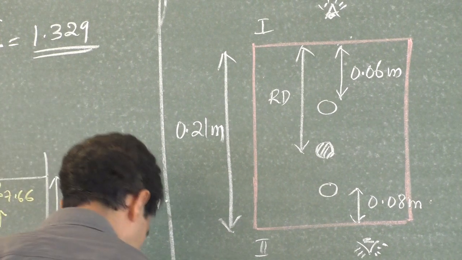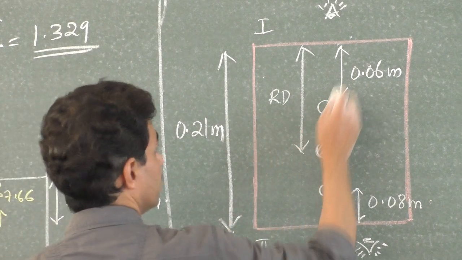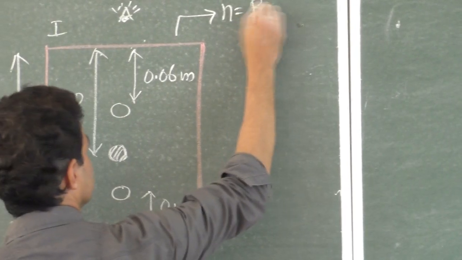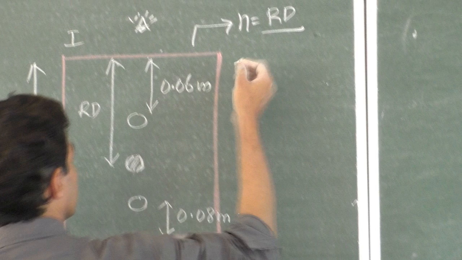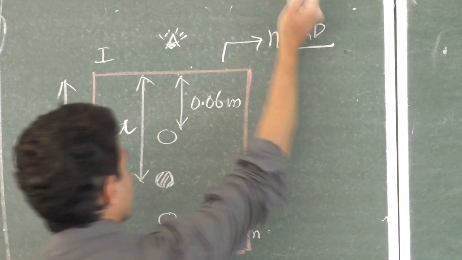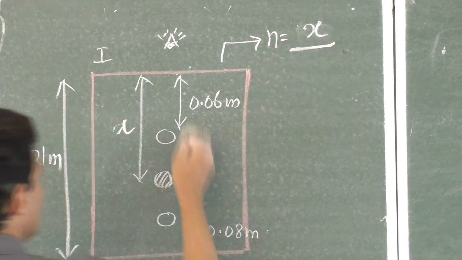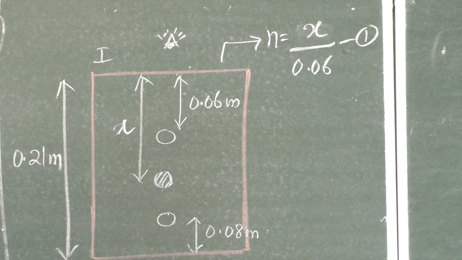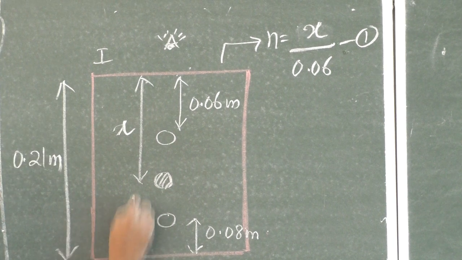Okay, n is common, so we will write the formula from this face. N, refractive index, equals real depth, I will take it as X, divided by apparent depth, 0.06. I will take it as equation 1. Now what is the real depth from the second face?